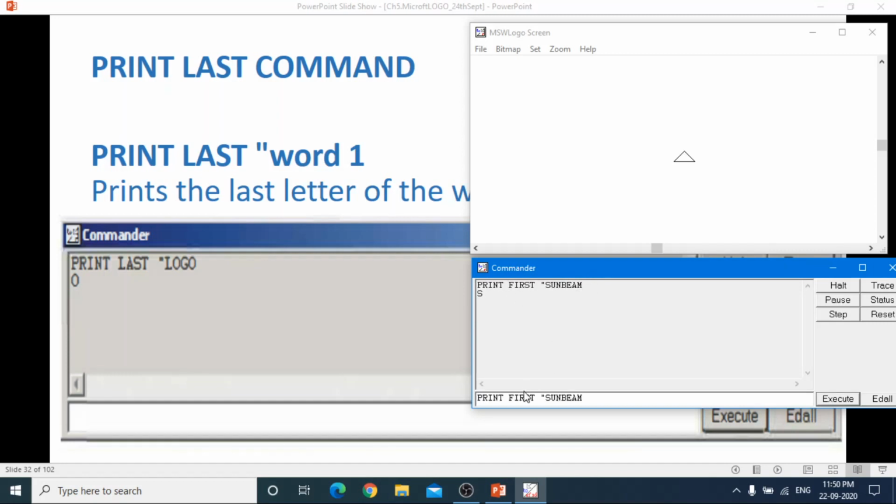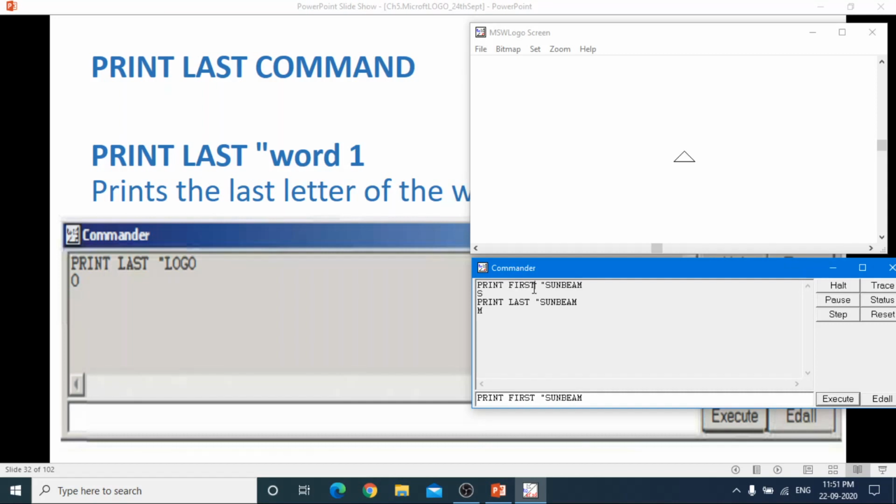Now see, instead of writing first, if I write last and execute it, it is printing the last letter of the word. So print first will give the first letter of the word, and print last will give the last letter.